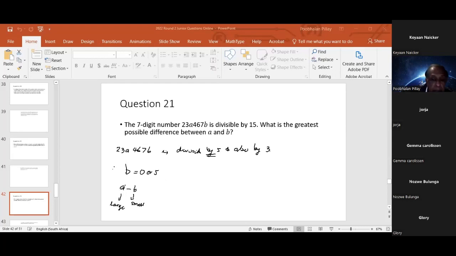That way A minus B is as large as possible. So you want B to be as small as possible and A to be as large as possible. Therefore, you will choose B to be 0. You wouldn't choose B to be 5.